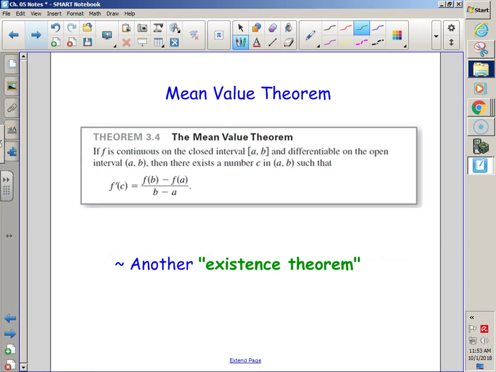Because the theorem says if f is continuous on a closed interval, differentiable on the open interval, there exists a number c such that, but what value? What's equaling the mean?